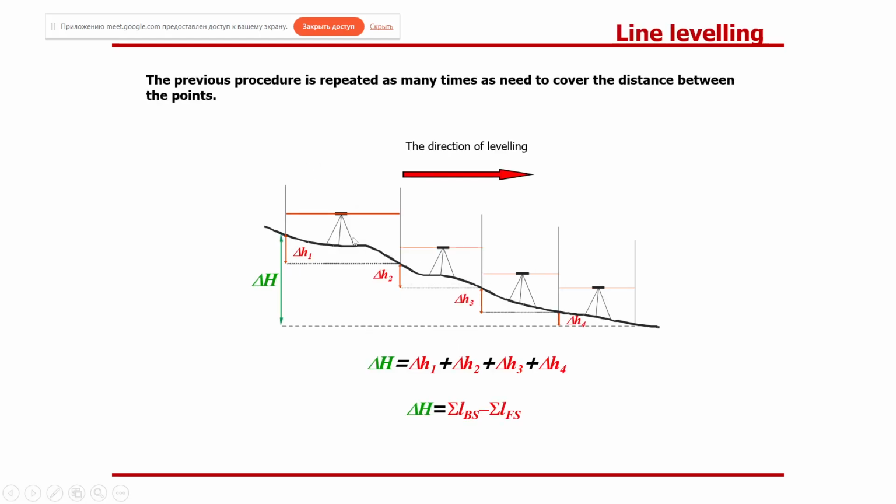So we can get the height difference twice in the forward line and in the backward line, and in this case we can get much more precise result.